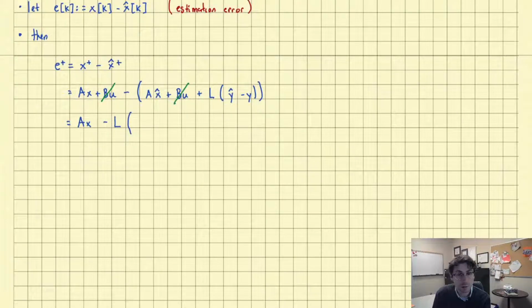Now y hat is our estimated output, given by C x hat plus Du.